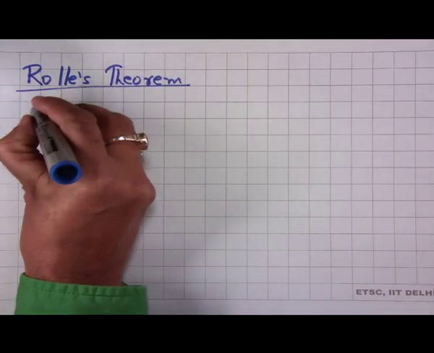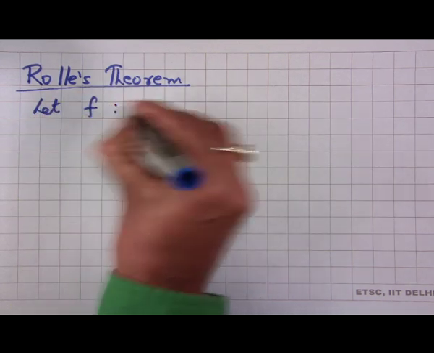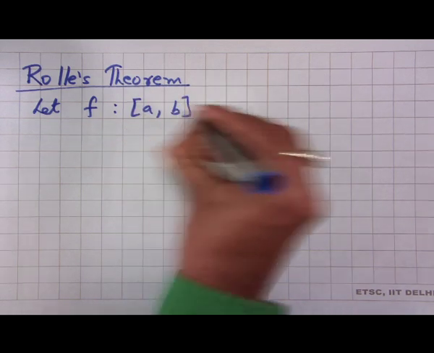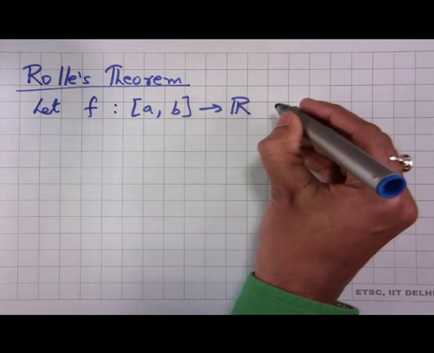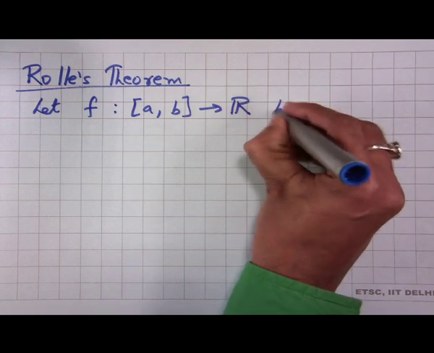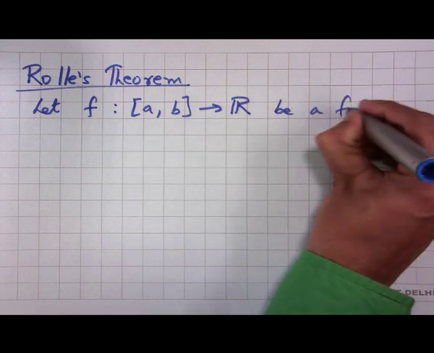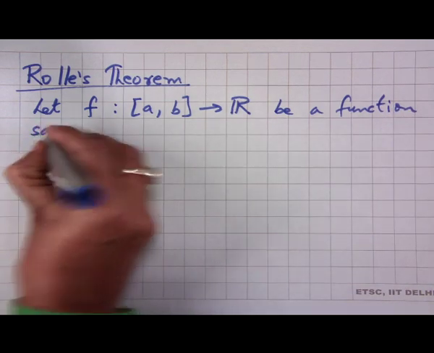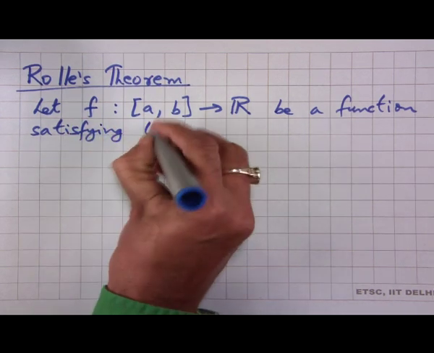The assumption is that let f be a function from a closed interval [a, b] to R, the set of real numbers, satisfying the following.